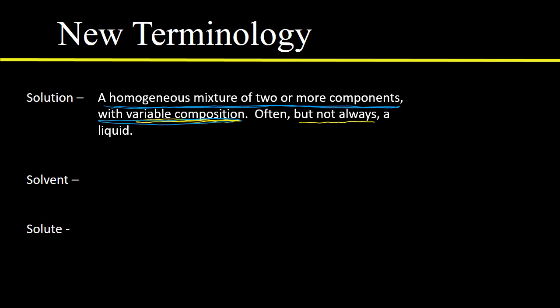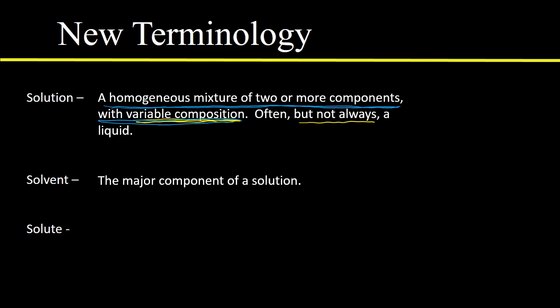All right. There are two primary parts to a solution. The first part is the solvent, and the solvent is just the major component in a solution. That's what makes up most of the bulk of the solution. Again, if you think about solutions, you're usually thinking about liquid solutions.